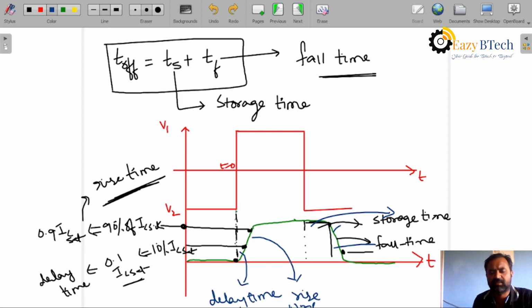And fall time is when the output current IC sat moves from 90% of IC sat falling to 10% of IC sat. These are the switching times of the transistor.